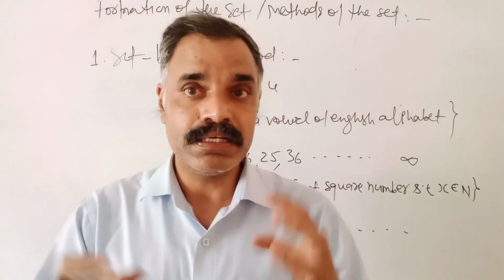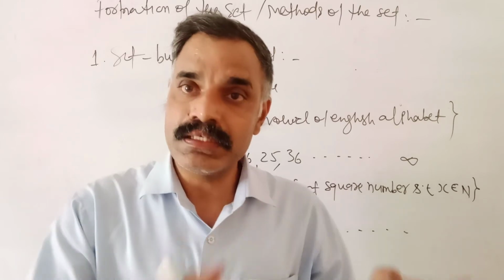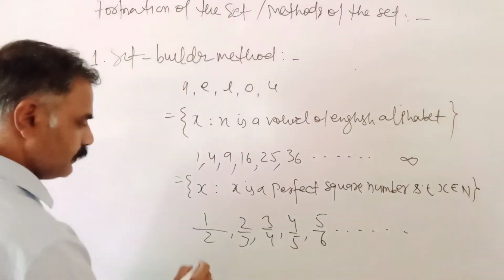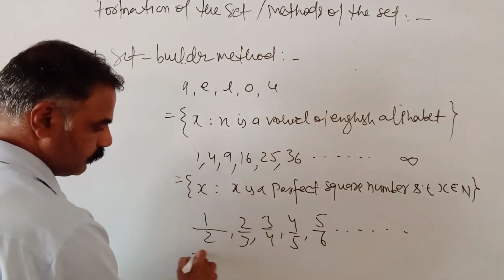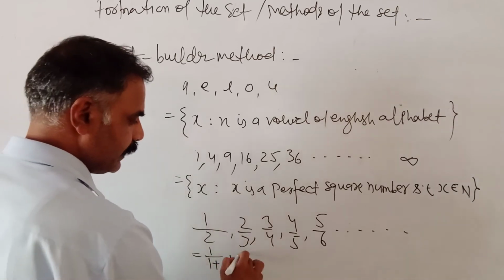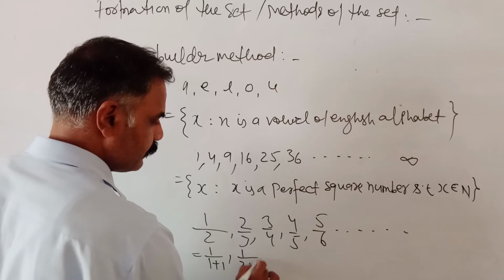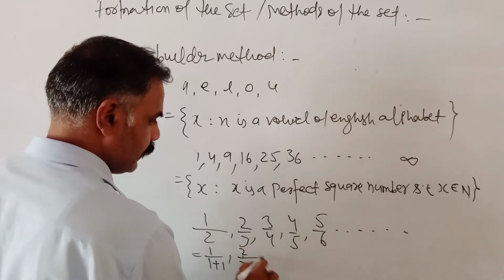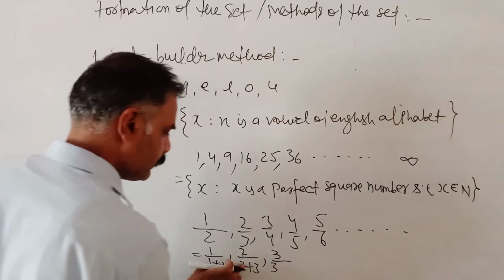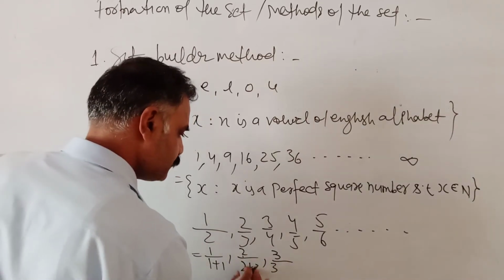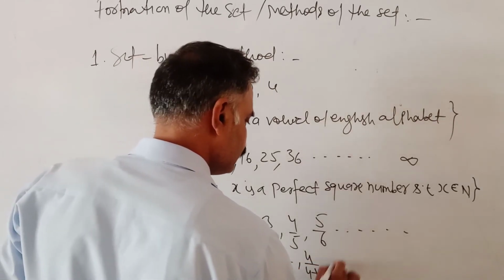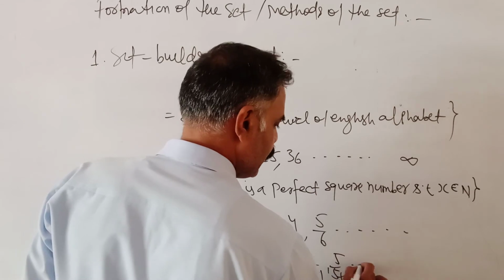Now 1 upon 2 can be written as 1 upon 1 plus 1, 2 upon 3 as 2 upon 2 plus 1, 3 upon 4 as 3 upon 3 plus 1, 4 upon 4 plus 1, 5 upon 5 plus 1, and so on.